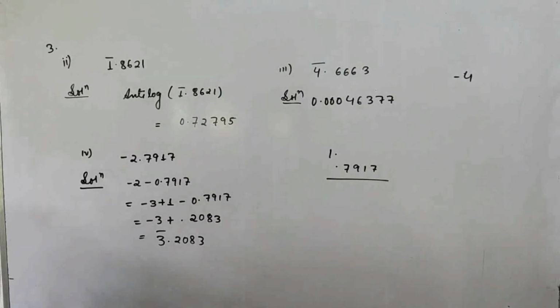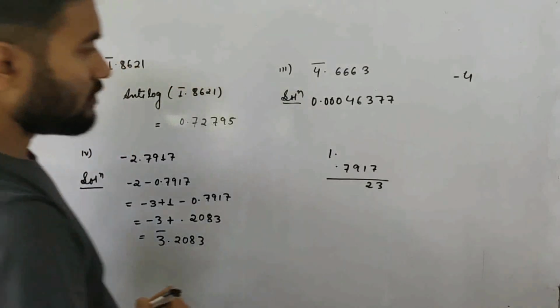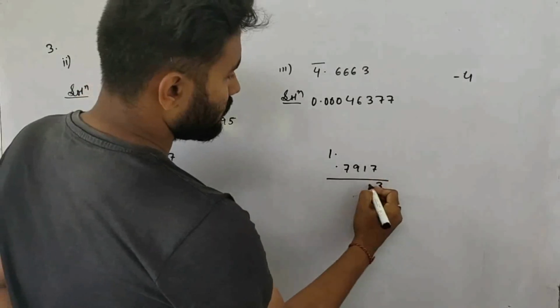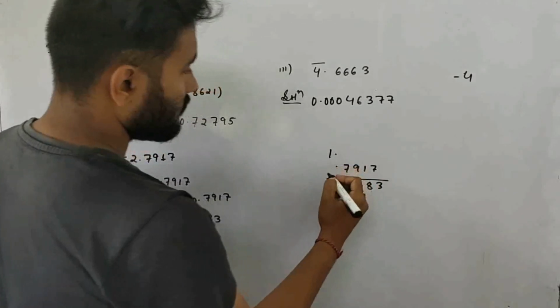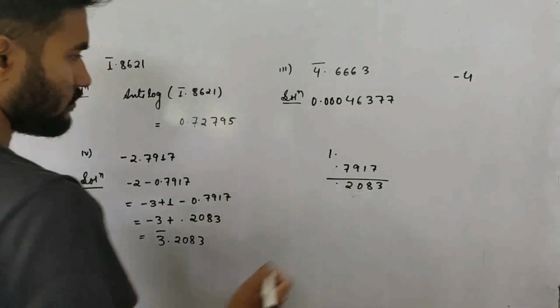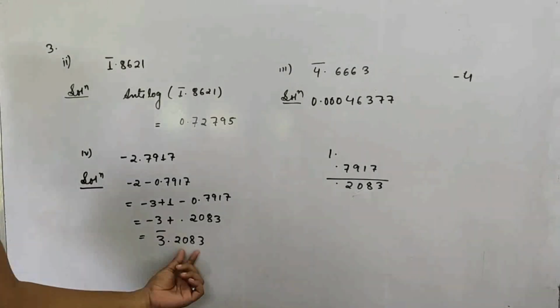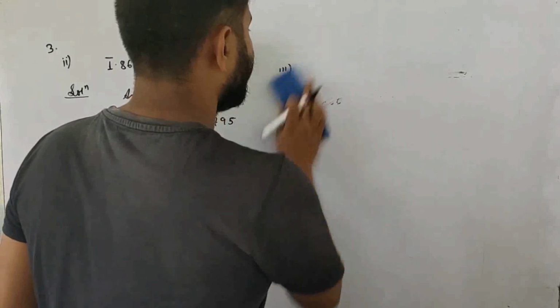See if I subtract, how much will be? 3, and then how much? 7, 3, 2, 7, and then 3, 8, 0, 2, 1. Yes, point 2083 only, isn't it? So let me check. Point 2083. So what is the mantissa? Mantissa is 0.2083.